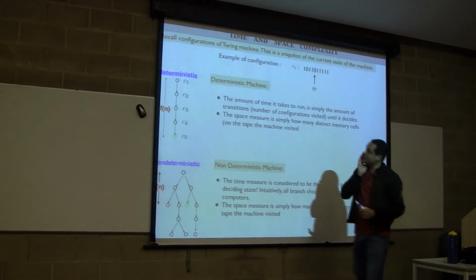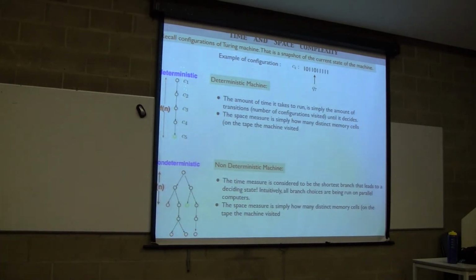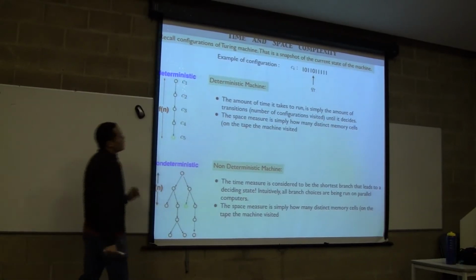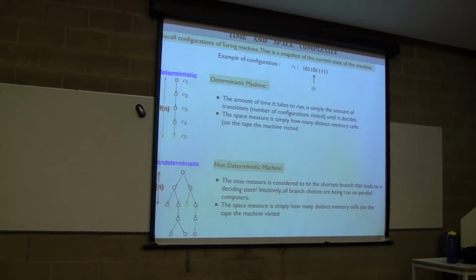So now you've seen there are two types of computations. One is called deterministic computation, and the other is non-deterministic computation. To measure time and space, we're going to use the notion of configuration that you've seen before. So what is a configuration?